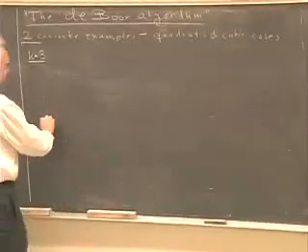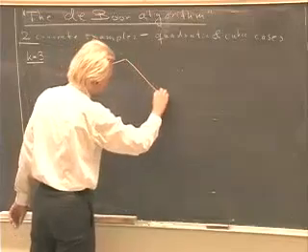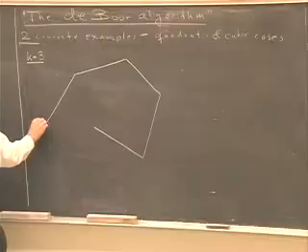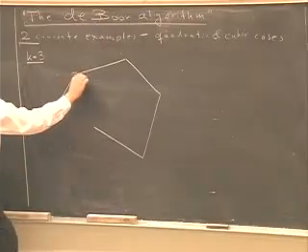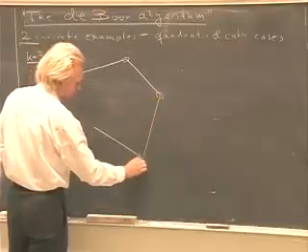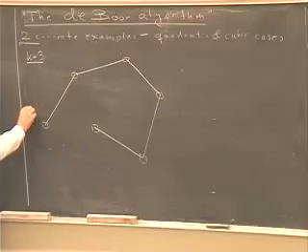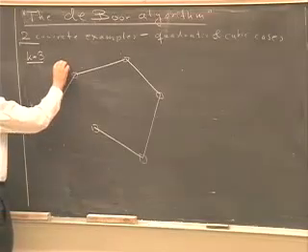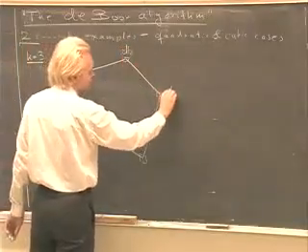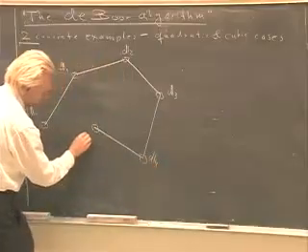What do I have? I have a bunch of control points, right? I name these control points D0, D1, D2, D3, D4, D5.